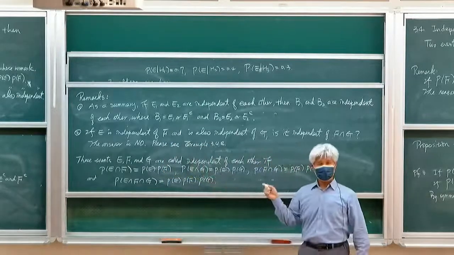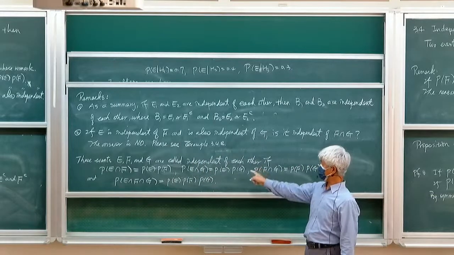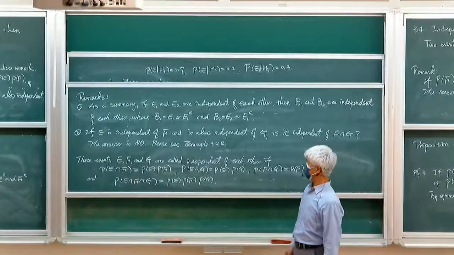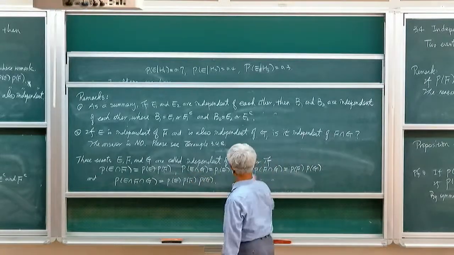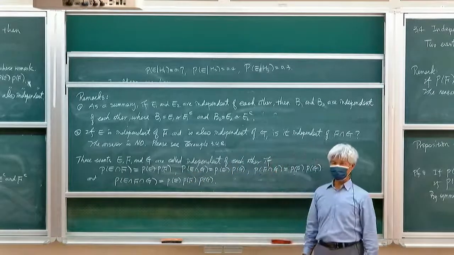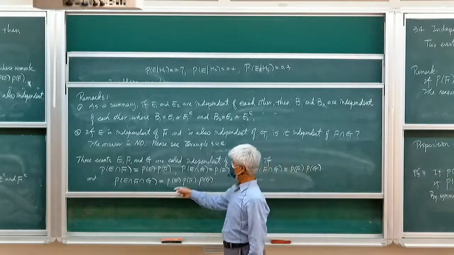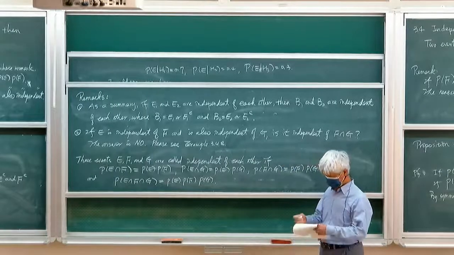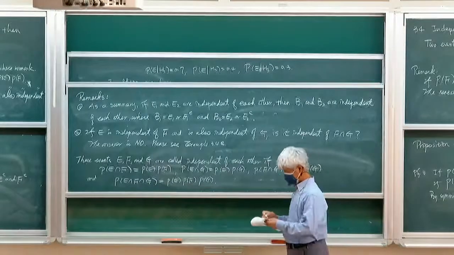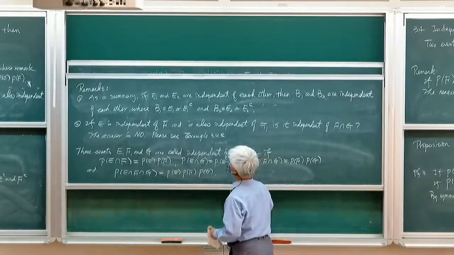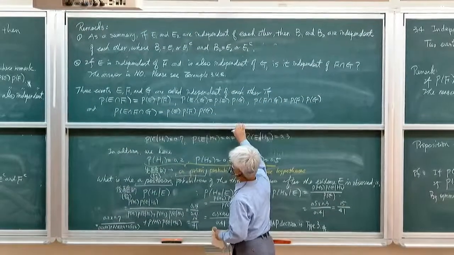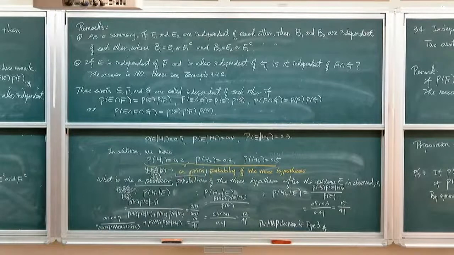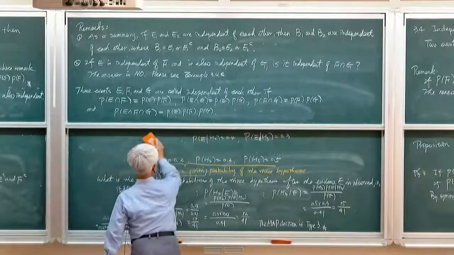Okay, so for three events, the concept requires not only the pairwise independence, but also the last one, okay? The last one here. The last one is very important. Why? Let's see.